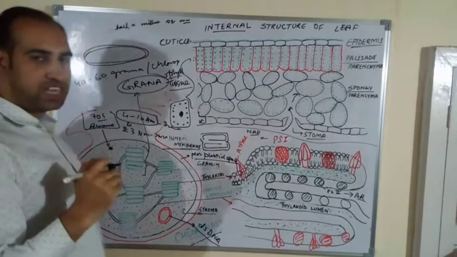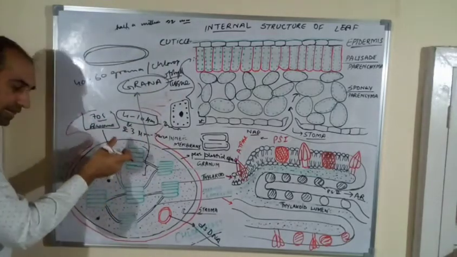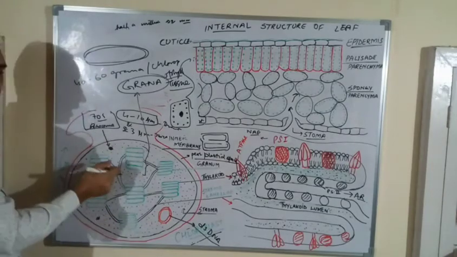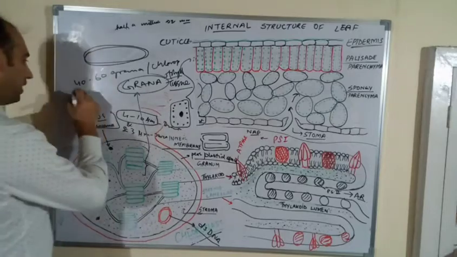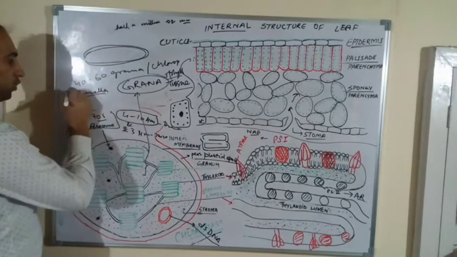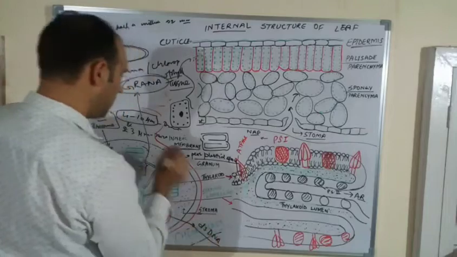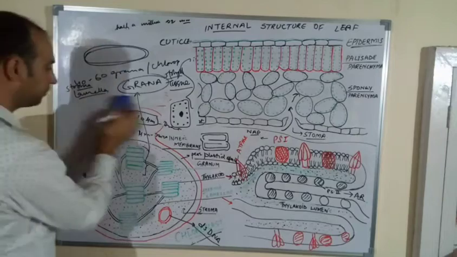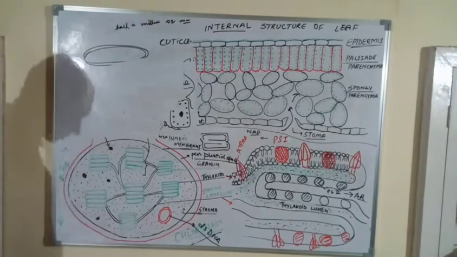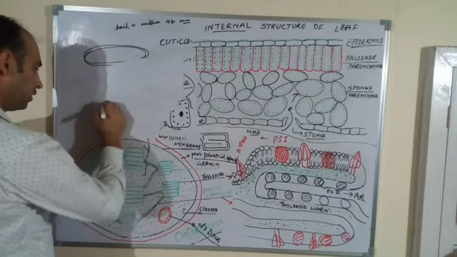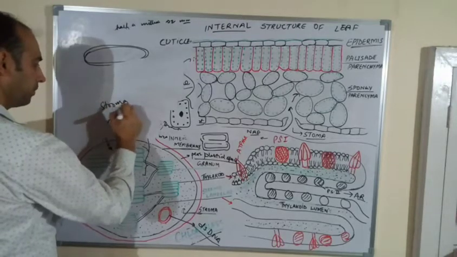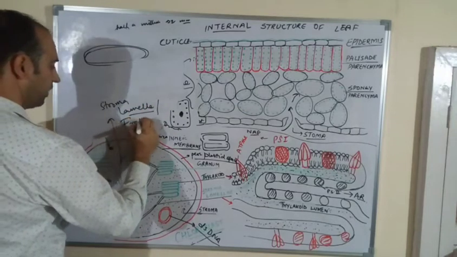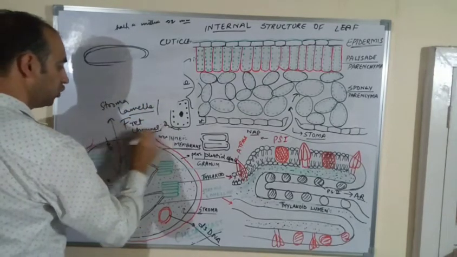These grana are interconnected with each other with the help of membrane lamellae, known as your stroma lamellae, or it is known as your frat channel.